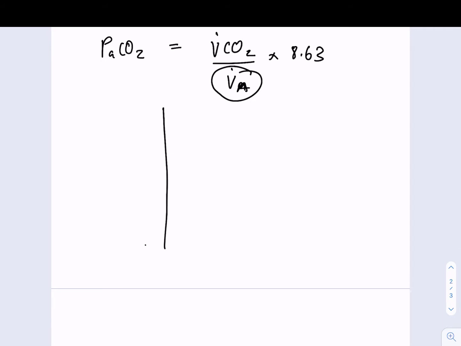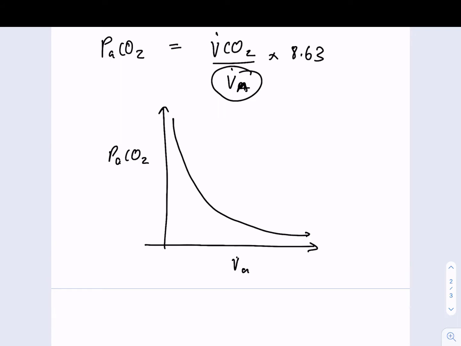So if we draw PaCO2 here with respect to alveolar ventilation, we can see that this is going to be a hyperbolic curve. So for very low alveolar ventilation, our carbon dioxide is going to be high. And for very high alveolar ventilations, our carbon dioxide level is going to be low. Now, that's at a set carbon dioxide production.